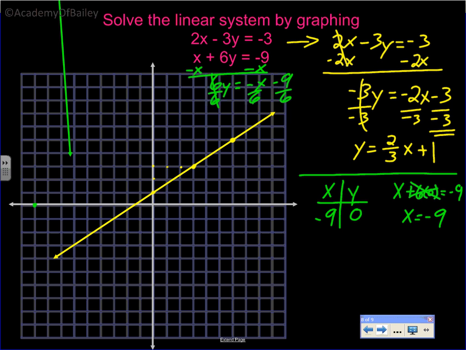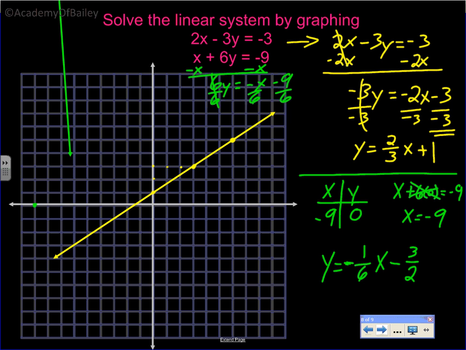Y is equal to negative x over 6, so the x goes out to the right of the fraction, and the invisible 1 now becomes visible for you to see. And then we have negative 9 divided by 6, which is negative 3 halves. You can reduce 9 and 6 by 3.